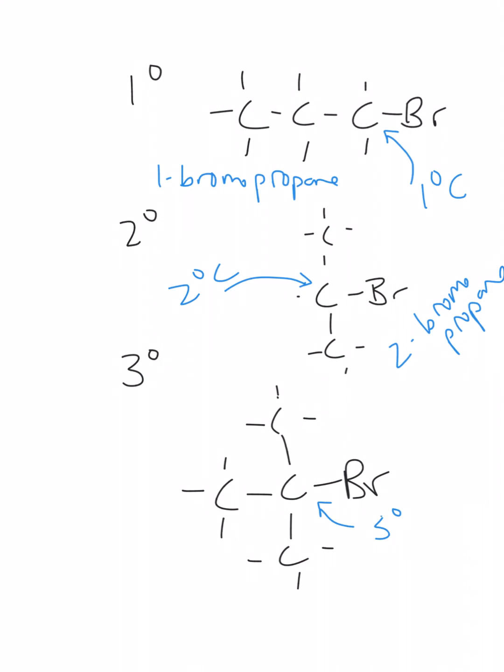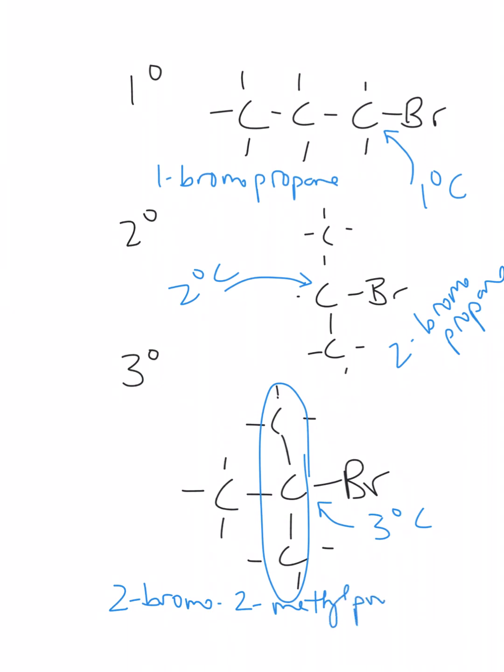There's your tertiary carbon. So this would be a tertiary halogenoalkane. And the longest chain is still a propane. So this is going to be a 2-bromo-2-methylpropane. And you're sorted.